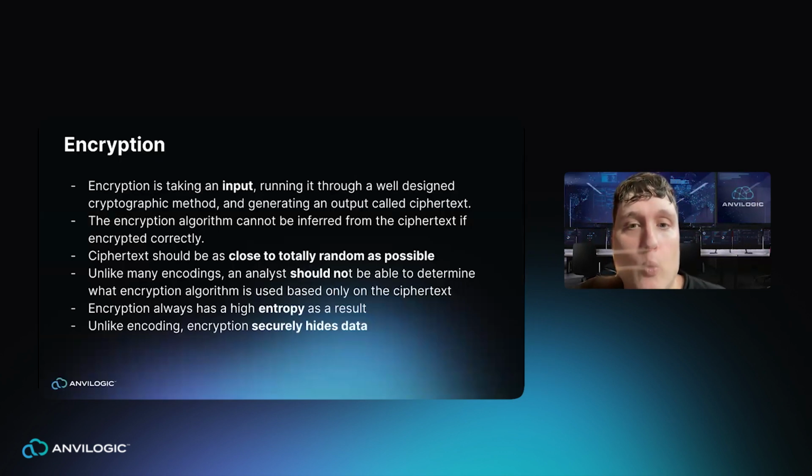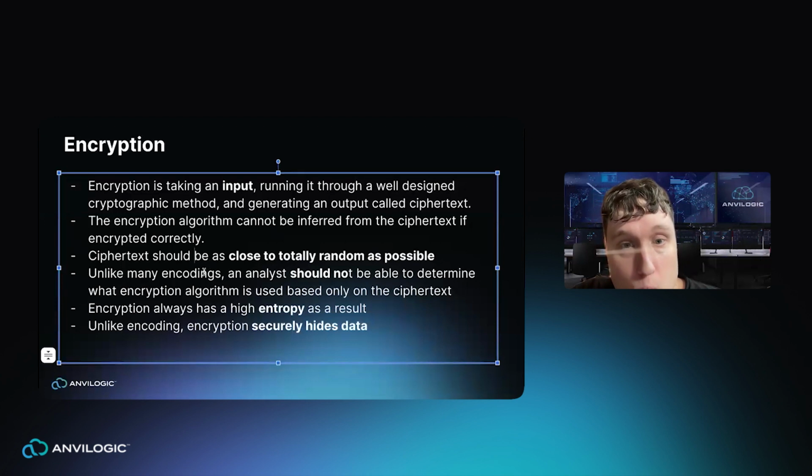For all well-designed crypto algorithms, you shouldn't be able to figure out the algorithm based on the output, because a well-designed crypto algorithm should output almost completely random data, and its strength can be measured by the randomness of the data that it outputs, because the less random it gets, the more insight an analyst looking at it has. So encryption will have high entropy.